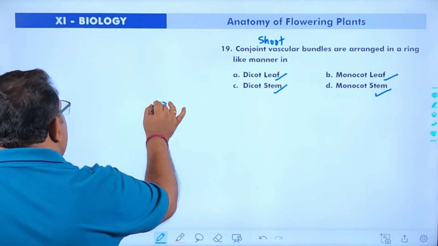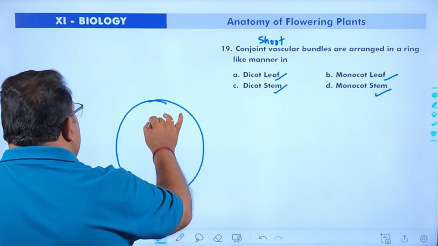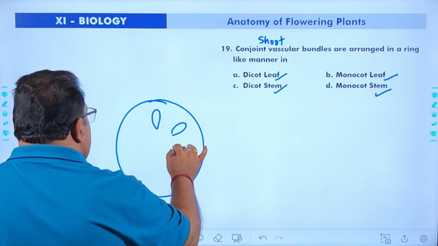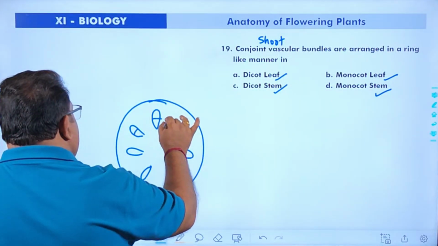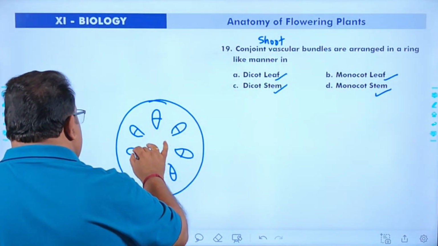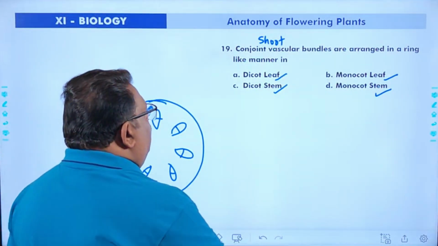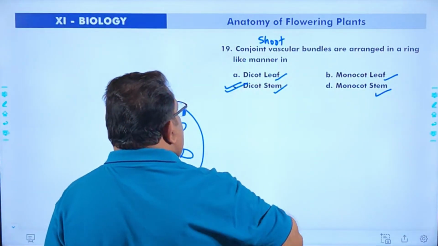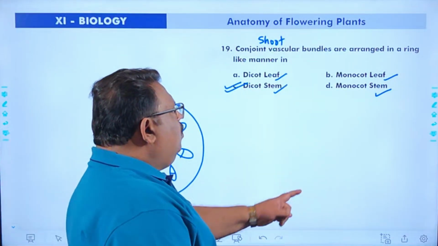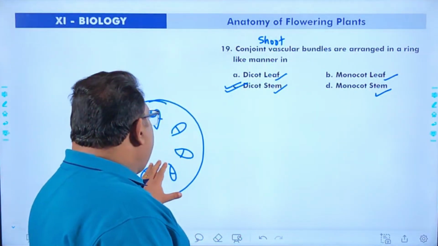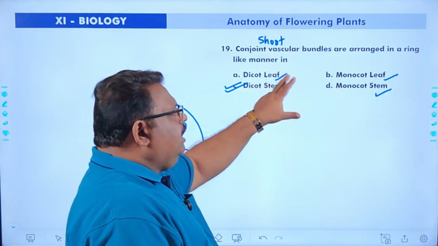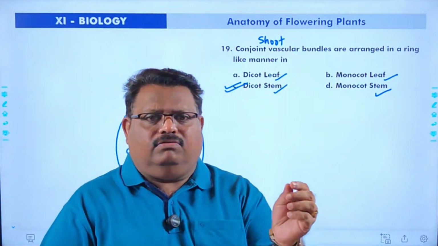The vascular bundles are arranged in the form of an incomplete ring, like this. This is present in dicot stem. In monocot stem, the vascular bundles are scattered, there is no ring-like arrangement. In leaf, the vascular bundles are present only in the veins.